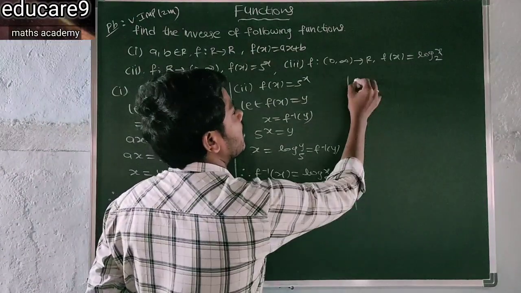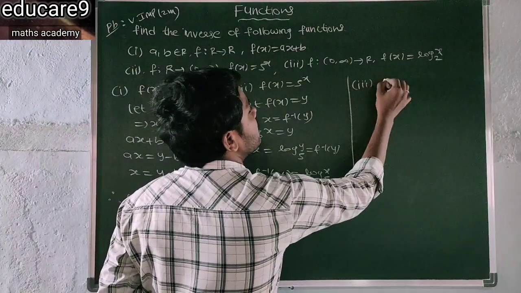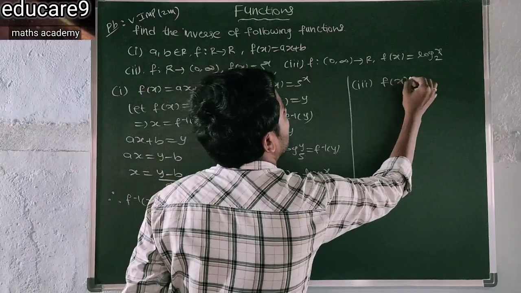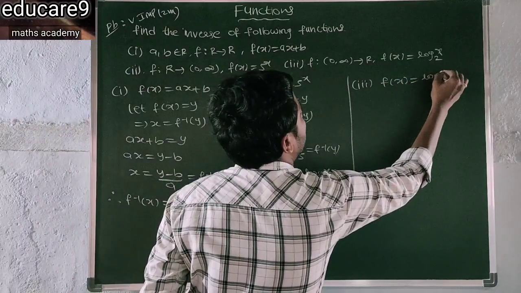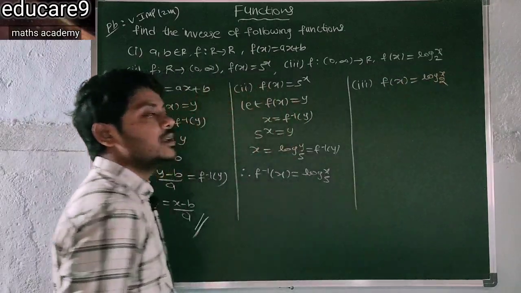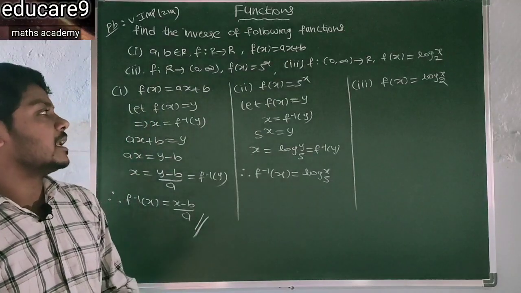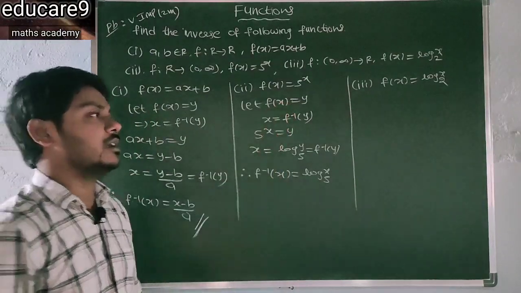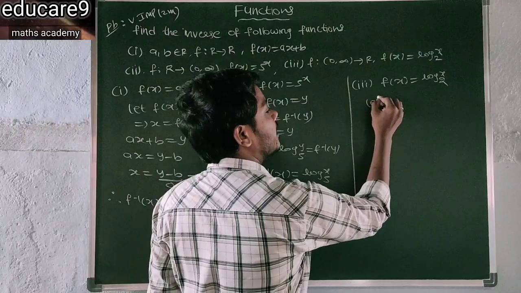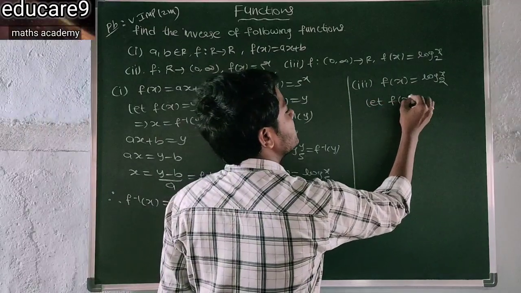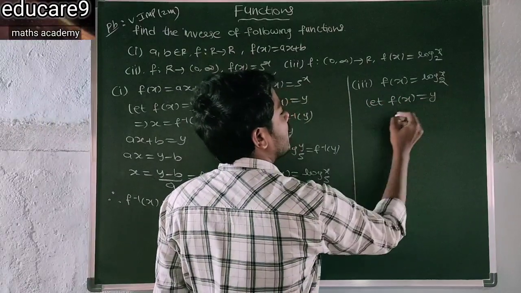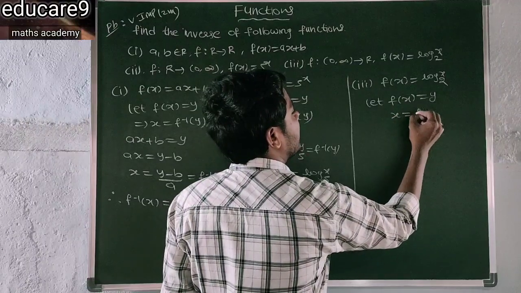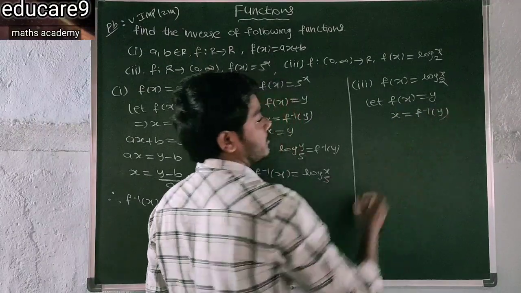Now see the last one. What is f of x? Log x base 2. So for finding the inverse, let the given function equal y. Let f of x equal y. Now what is x? x is f inverse of y.